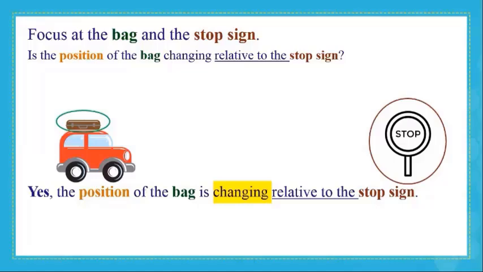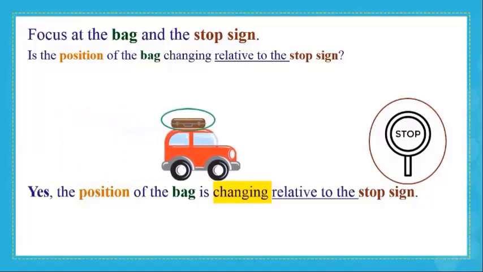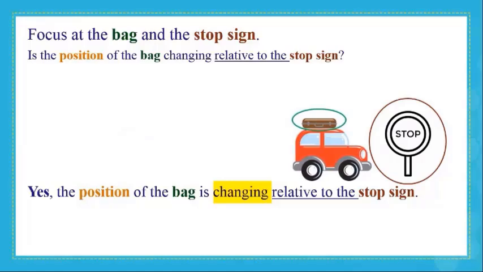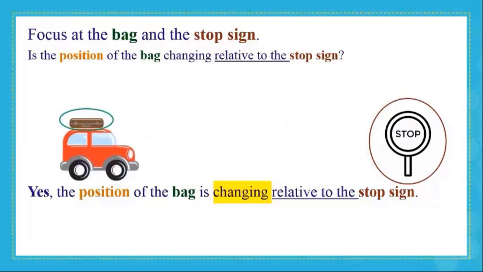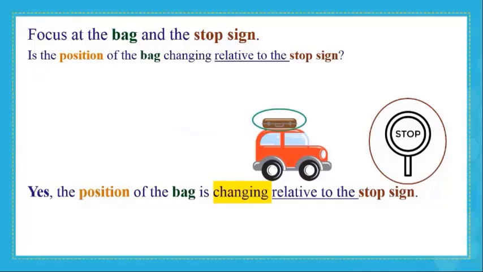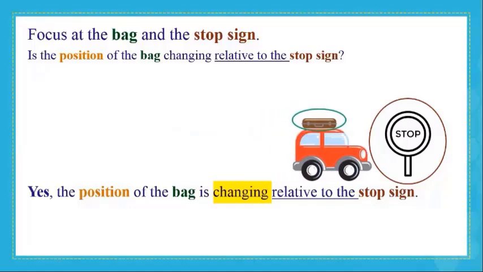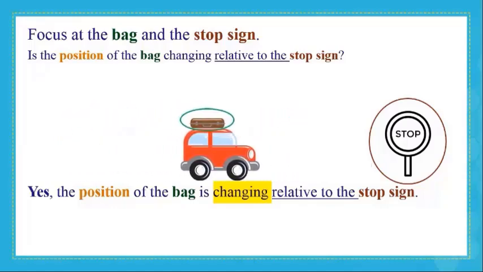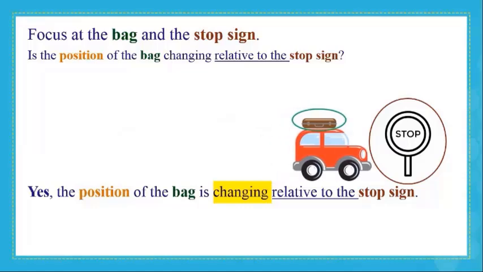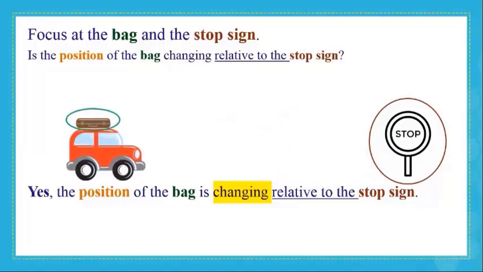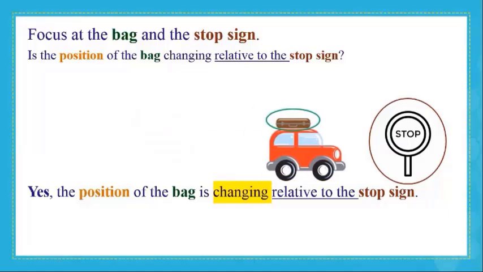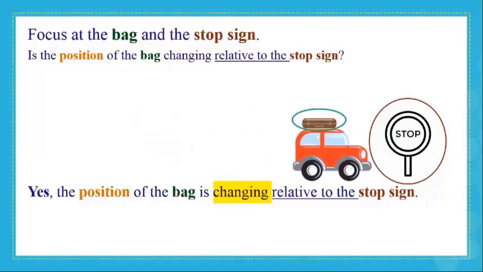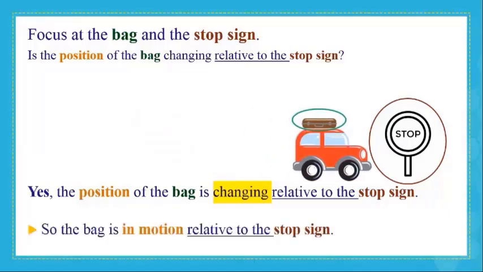The car starts moving. The bag is getting closer to the stop sign, which means that its position is changing relative to the stop sign. In this case, we say that the bag is in motion relative to the stop sign.